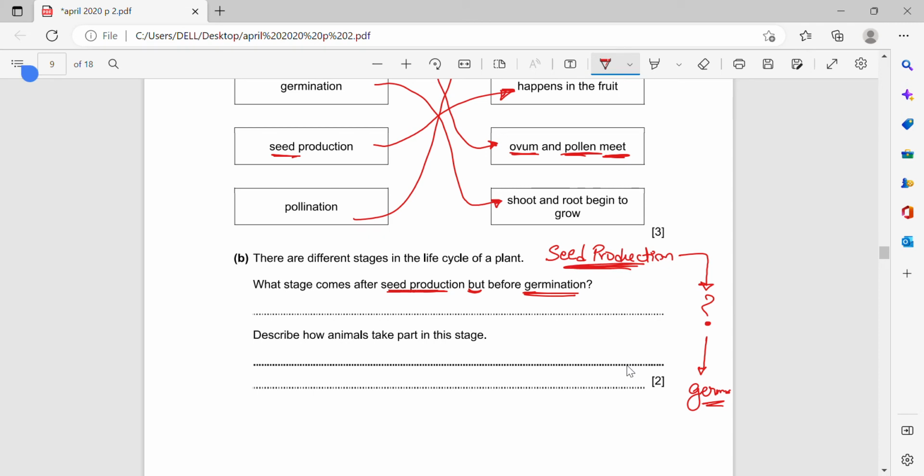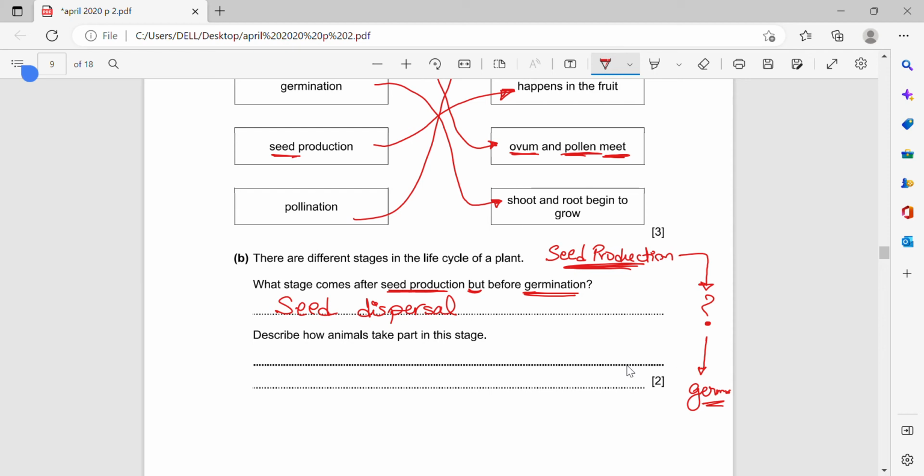What's this stage? Great! Seed dispersal. In other words, the seeds need to be transported. Remember the seed dispersal? We took it before.